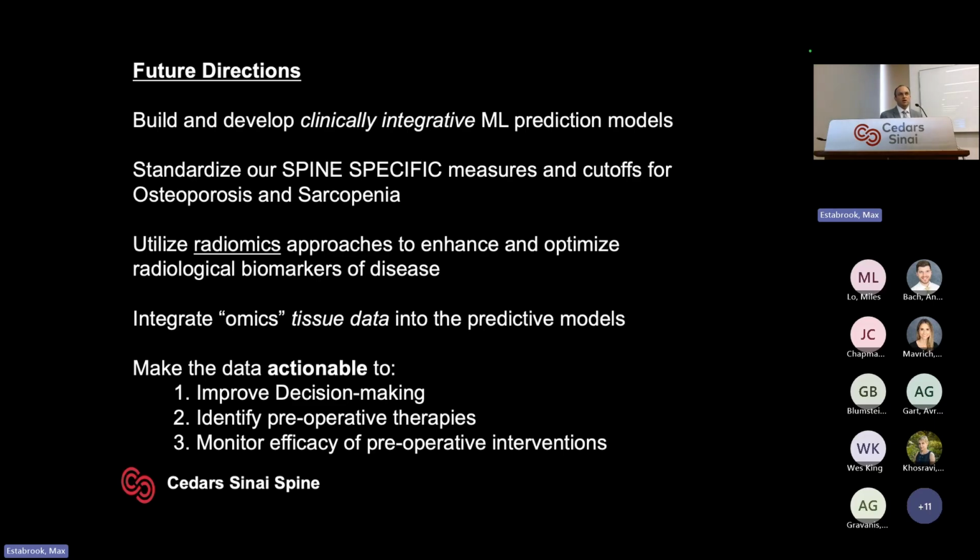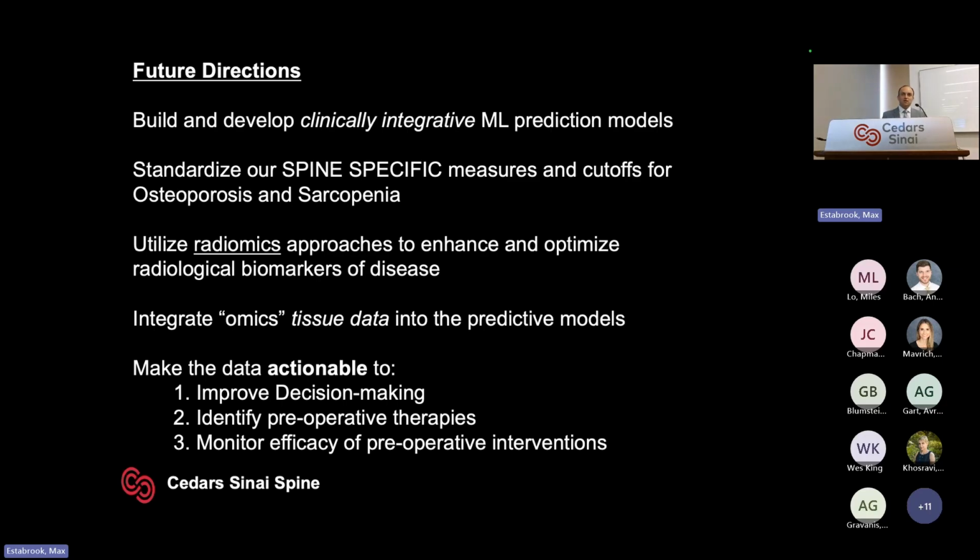We can't be relying on data from cancer studies and COPD studies. We need to be looking at it for patients who have complications, who are having spine surgery, so that we know and can create really accurate cutoffs and thresholds, and pick and choose the sort of measures that we're going to actually be able to implement successfully in our clinical practice.